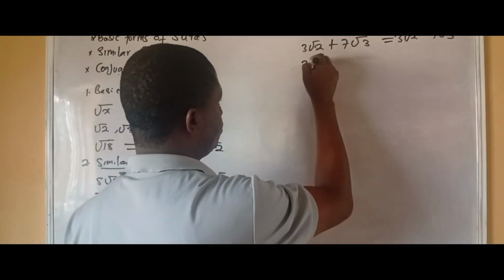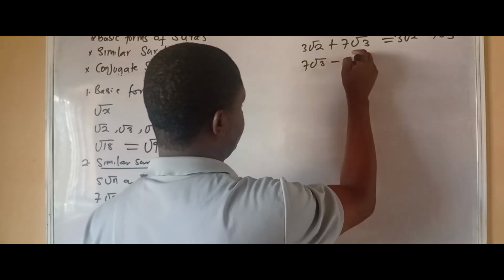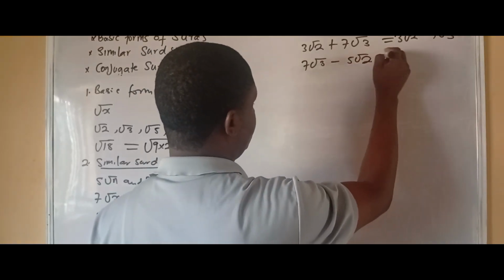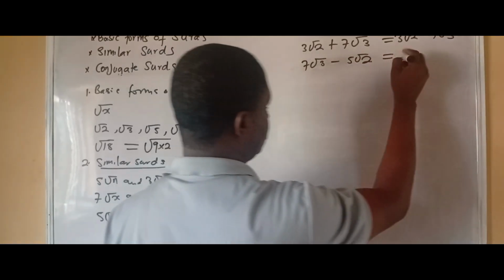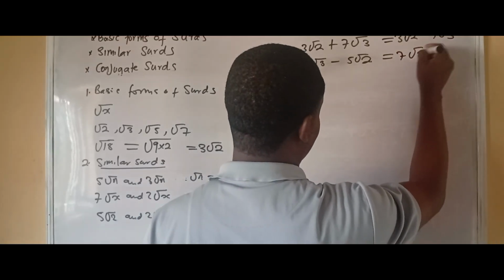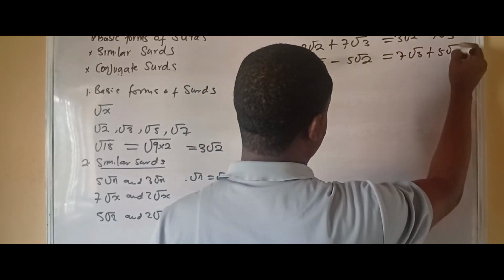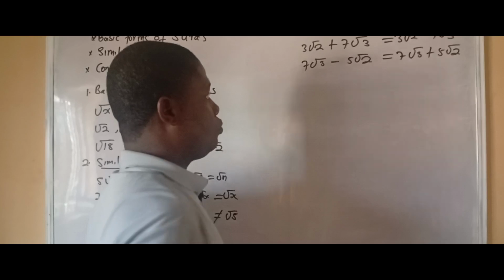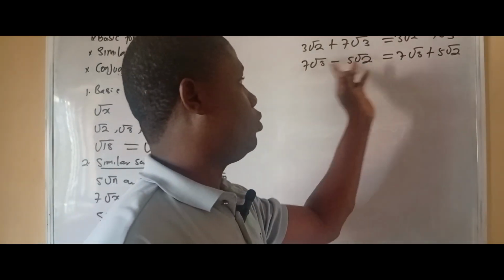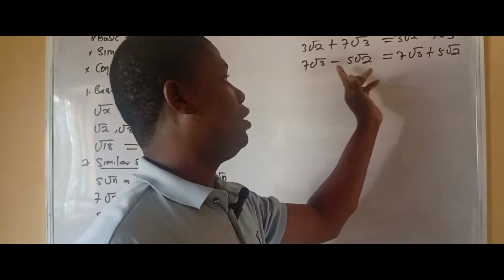If you have 7 root 3 minus 5 root 2, the conjugate of this surd is 7 root 3 plus 5 root 2. So you can see the two surds are similar in expression, but the only difference is in the sign in between them.